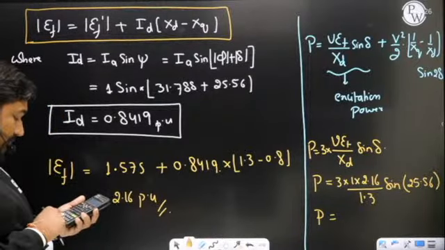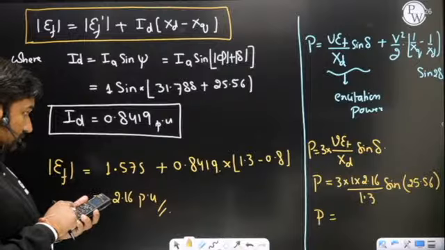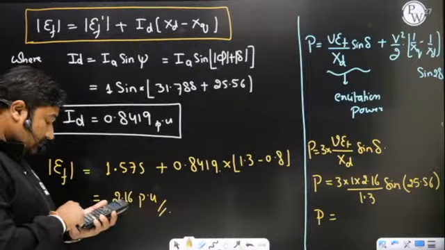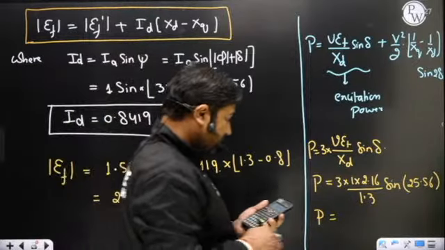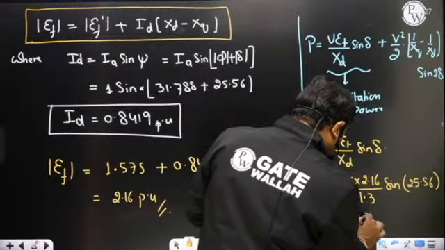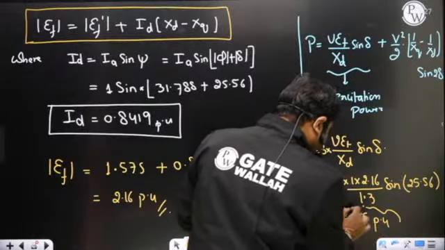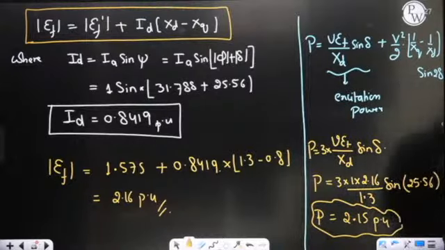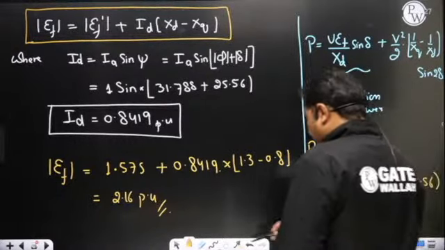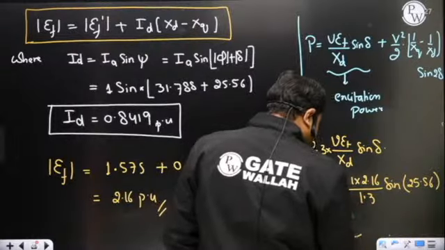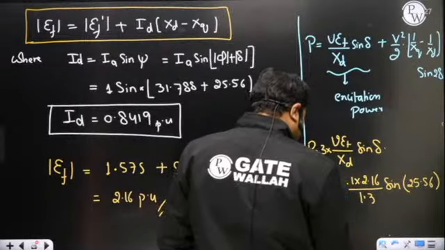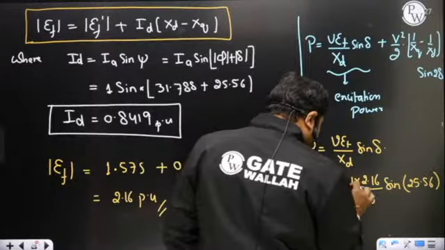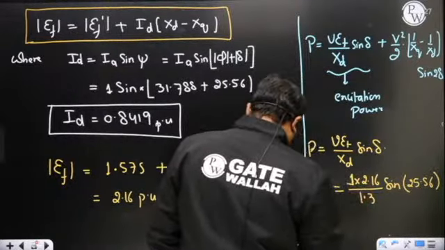Oh, I am very sorry. I am substituting the values in per unit and then I have multiplied by 3. For per unit, you need not write it here. Please check it.